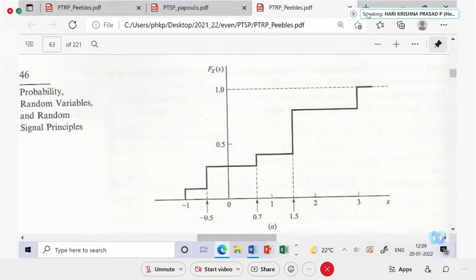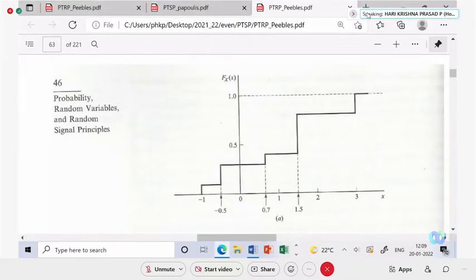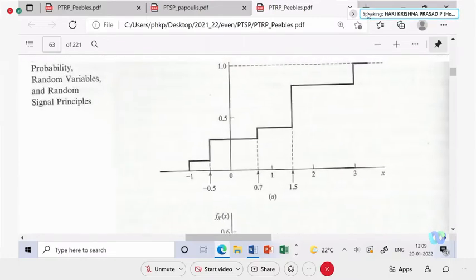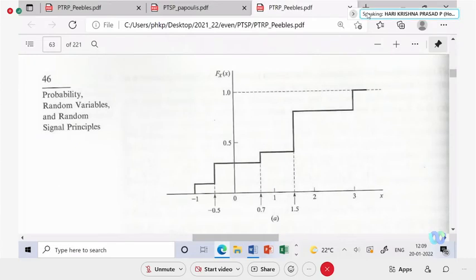Once the distribution function F_X of x is plotted, how do I plot the density function? By taking the derivative of that distribution function. By derivative, I mean you need to consider the slopes associated with the distribution function.